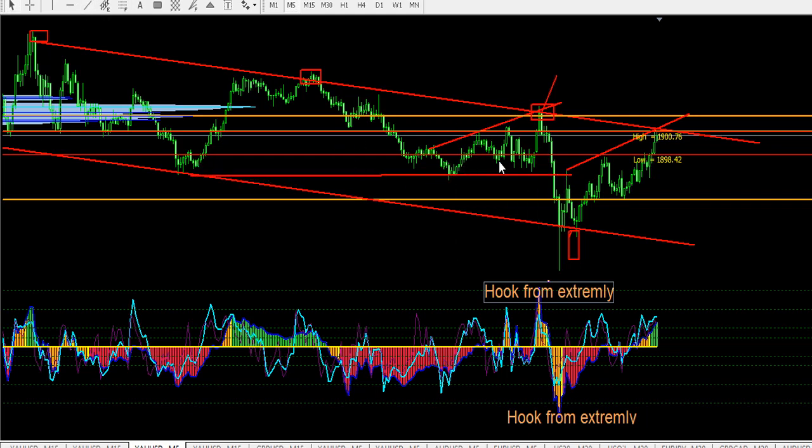The market will come back to retest the long trend. If the market comes back again to retest the support, you see here support, this one support, this one support, and this one to retest, this one to retest. You see, retest resistance, and retest support to become new resistance.